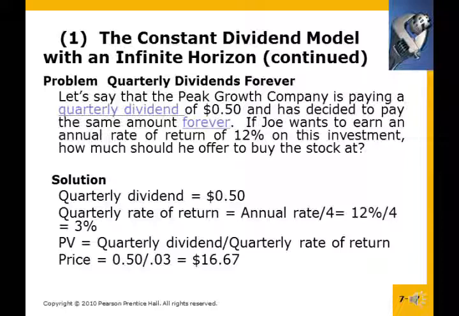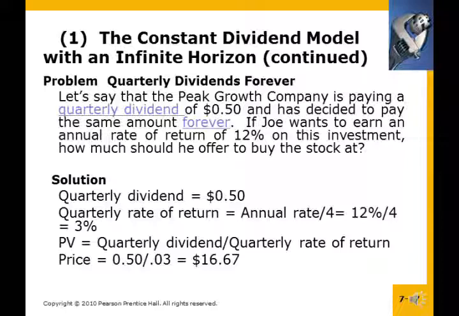Then you have to solve the problem. Given this information, constant dividend, no maturity date, then we are talking about the first model. So you have to apply the first rule, which is dividend divided by rate of return.